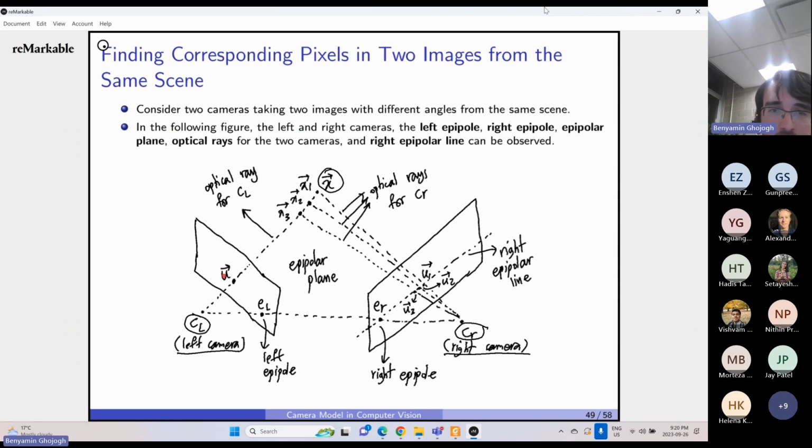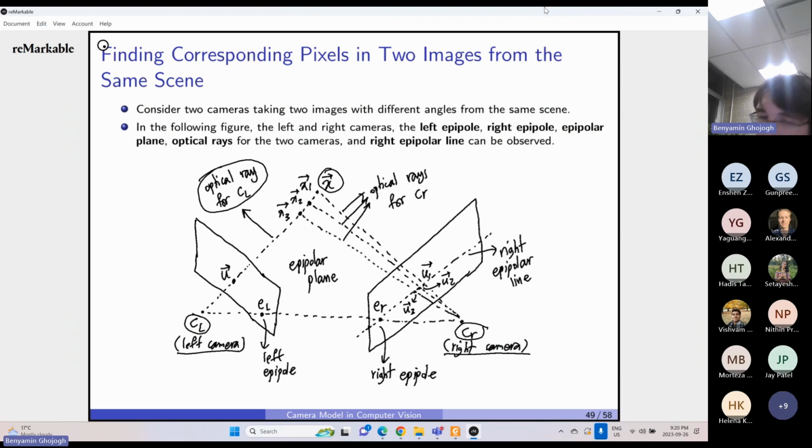U is the pixel coordinate corresponding to this 3D object X. Connect X to the lens of the left camera. So it gives you this ray, right? We call it the optical ray for the left camera.